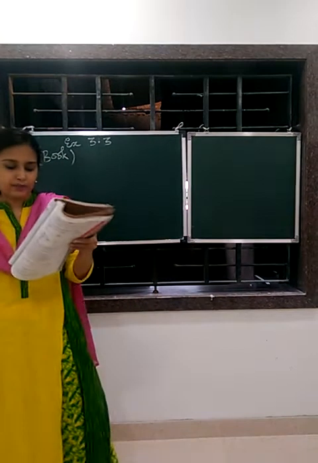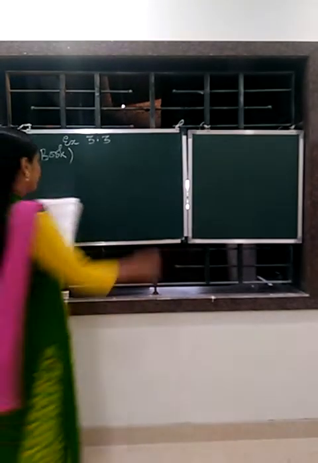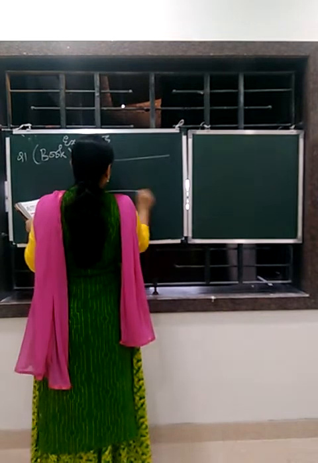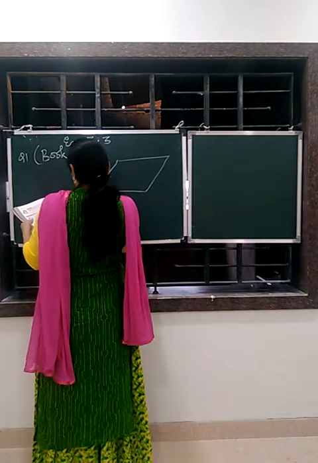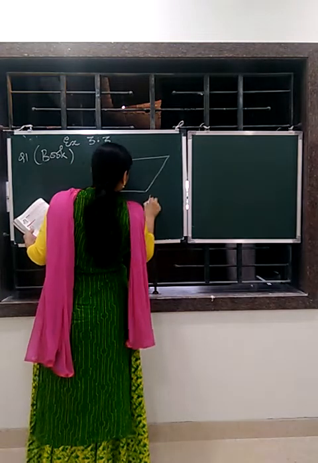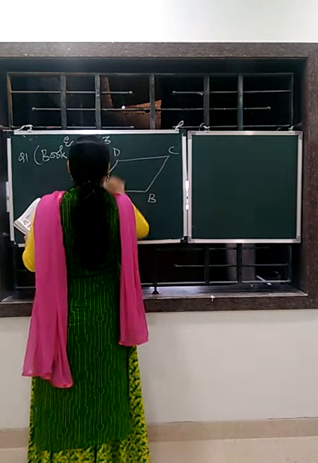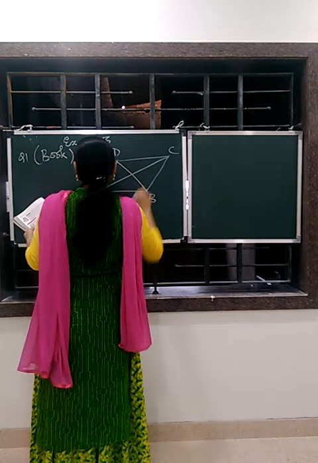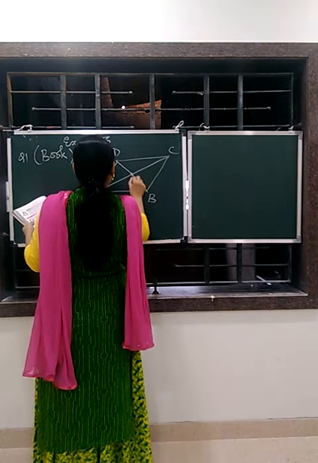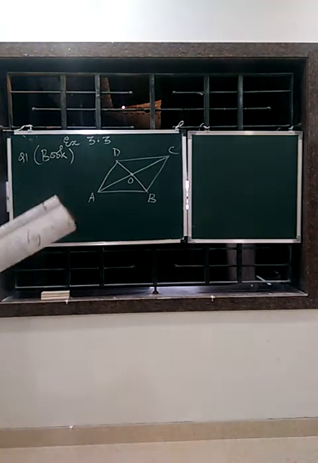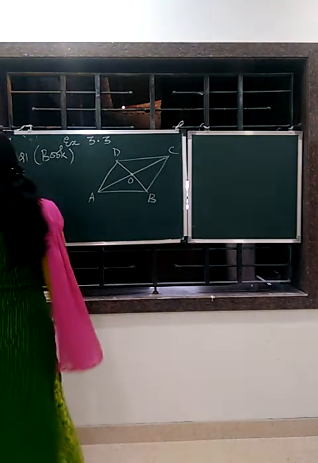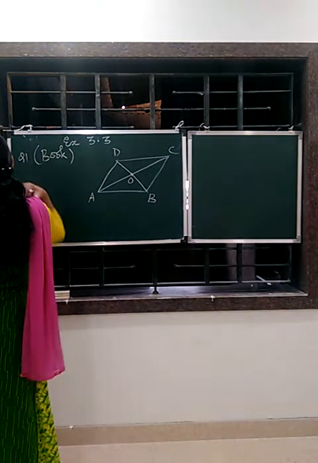Given the parallelogram ABCD, there is a parallelogram ABCD given. So let me draw the parallelogram for you all. A, B, C, D. This is O. Complete the statement given below with the definition or property used.